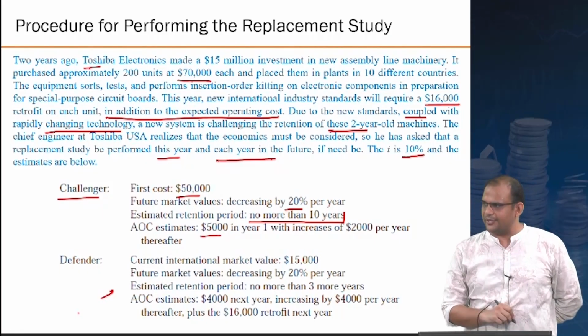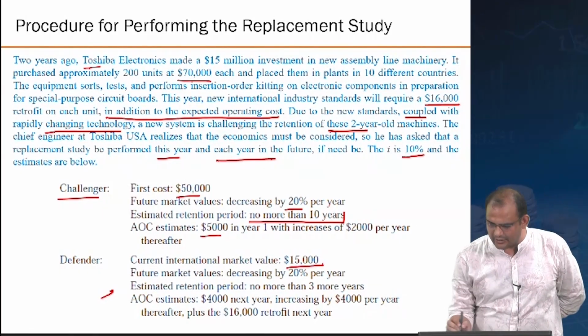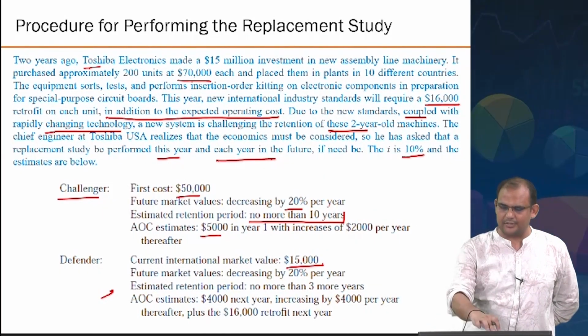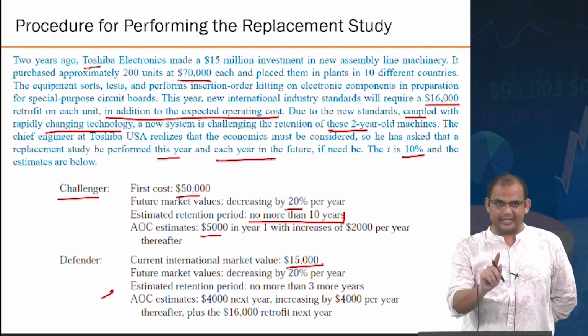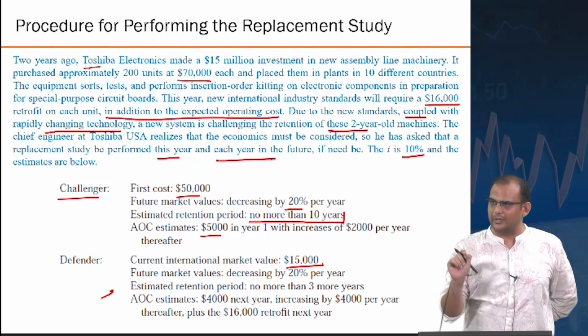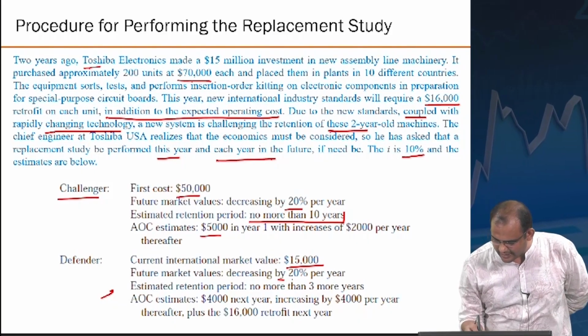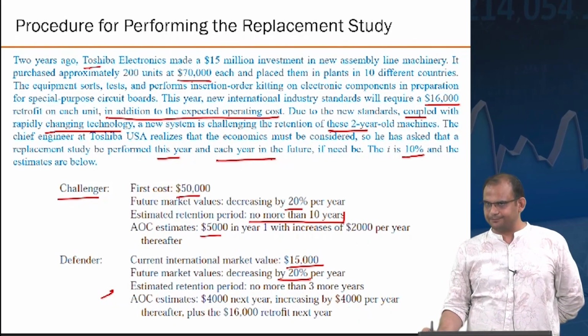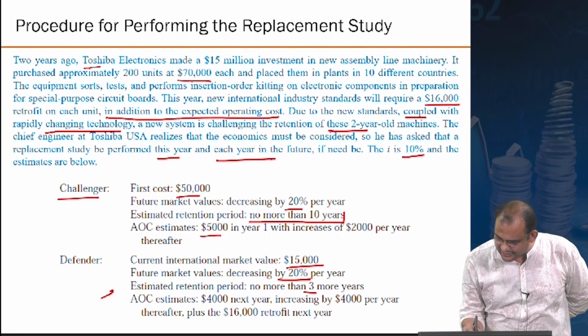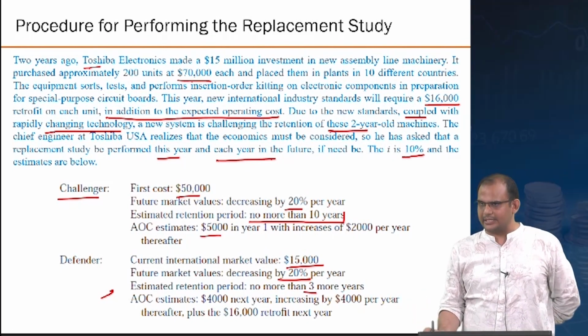Defender related information. Current international market value $15,000. You bought this machine 2 years ago at $70,000. Current market value only 15,000. Future market value decreases 20% per year. Estimated retention period no more than 3 more years.